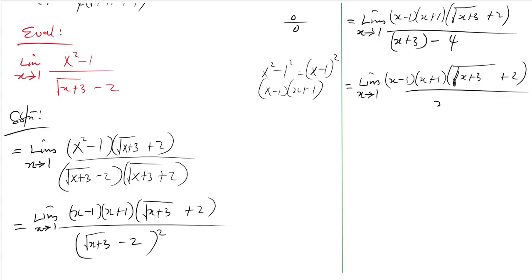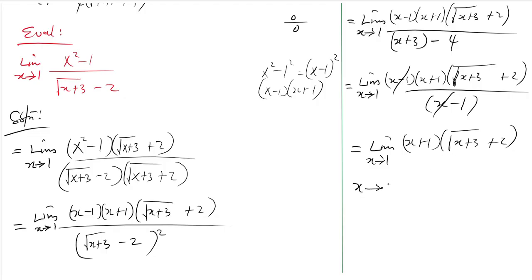So we are going to have x minus 1 left here, and we see this can cancel out, so that we have finally the limit as x approaches 1 of x plus 1 multiply root x plus 3 plus 2.